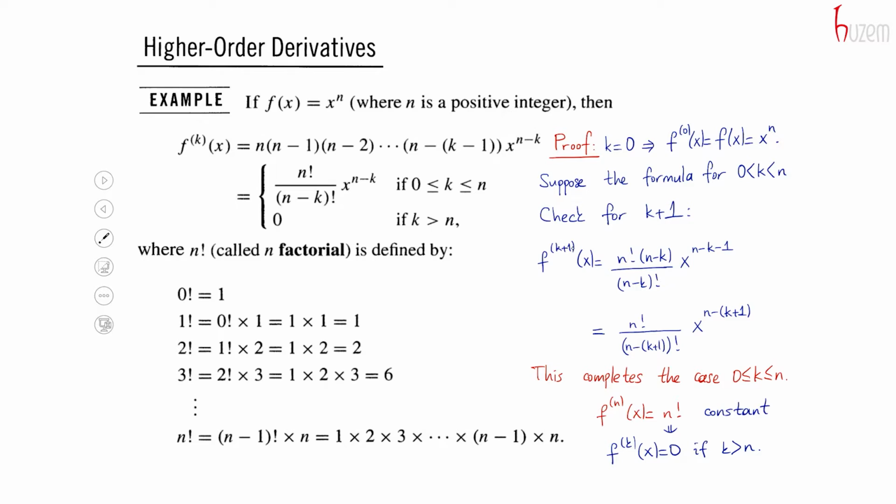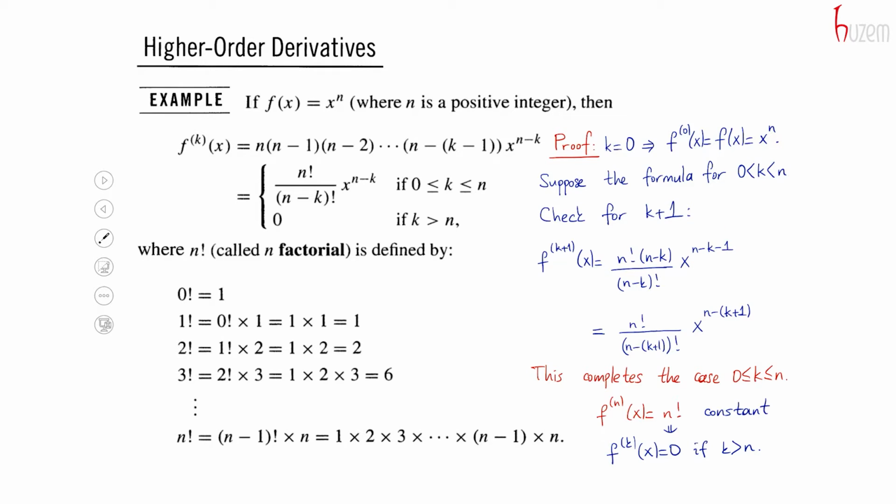The k plus first derivative is the derivative of the kth derivative, and we assume that the kth derivative is given by this formula, so we take the derivative of this. The derivative of this is the constant here times n minus k times x to the power n minus k minus 1.